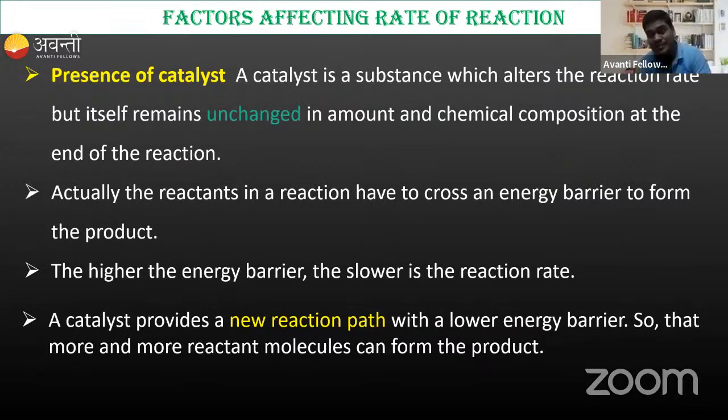What is the effect of the presence of a catalyst on the rate of reaction? Basically, a catalyst alters the rate of reaction, but itself remains unchanged in amount and chemical composition at the end of the reaction. The reactants have to cross an energy barrier to form the product. The higher the energy barrier, the slower the reaction rate. So catalysts provide some alternate path. For example, let me show this.